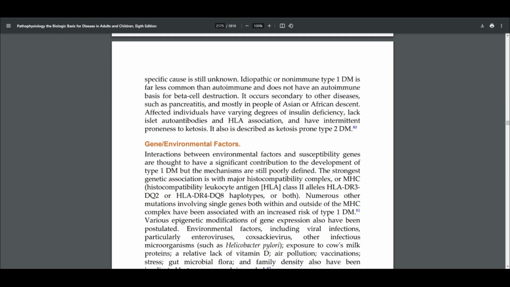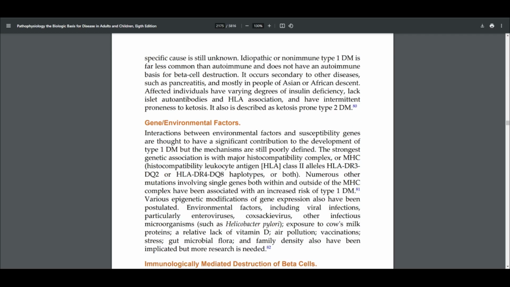Idiopathic or non-immune type 1 diabetes is far less common than autoimmune and does not have an autoimmune basis for beta cell destruction. It occurs secondary to other diseases, such as pancreatitis, and mostly in people of Asian or African descent.